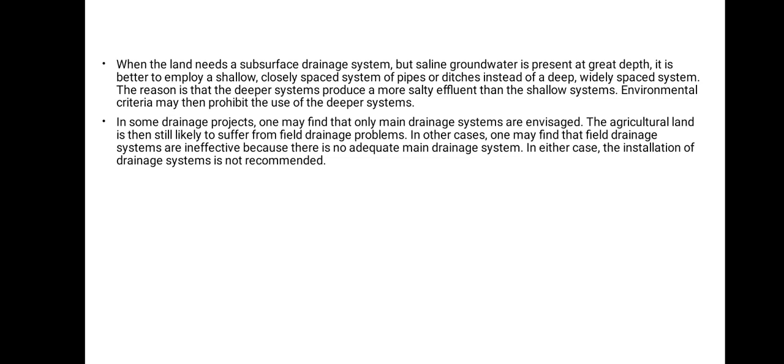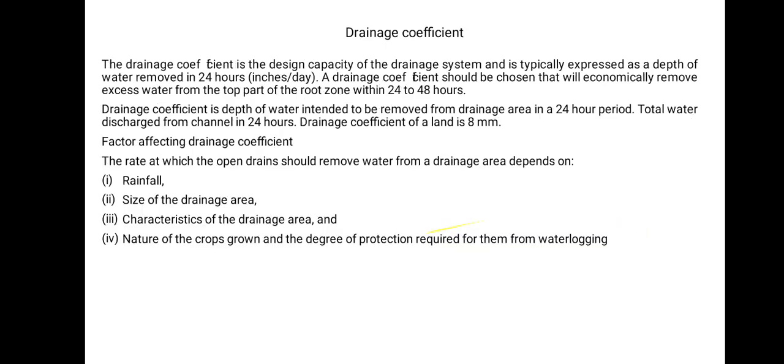When land needs a subsurface drainage system but saline groundwater is present at a greater depth, it is better to employ a shallow, closely spaced system of pipes or ditches instead of a deep, widely spaced system. The reason is that the deeper system produces a more salty effluent than the shallow system. Environmental criteria may then prohibit the use of the deeper systems.